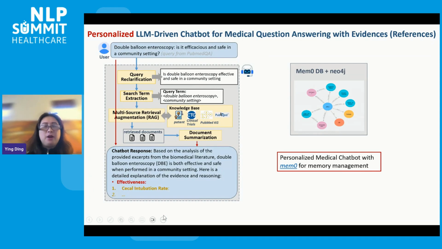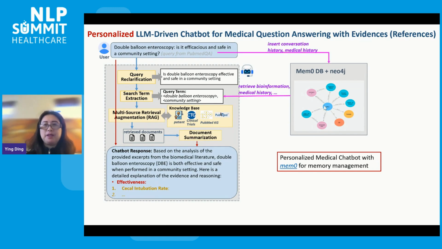Furthermore, we also create a memory graph. It's called Mem0. So basically, it can remember these specific questions, what the major concepts in these papers are, and how we can organize this when we do summaries. So we will insert the medical history into this.